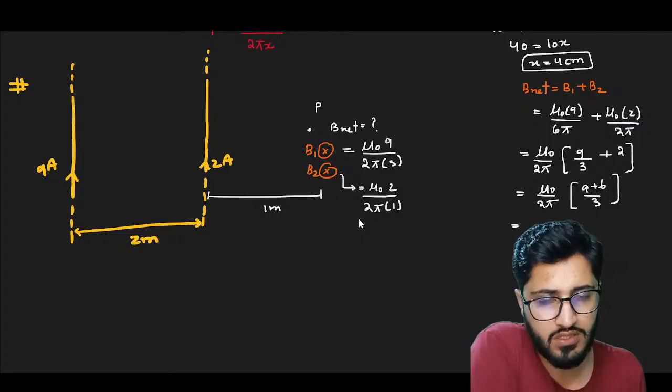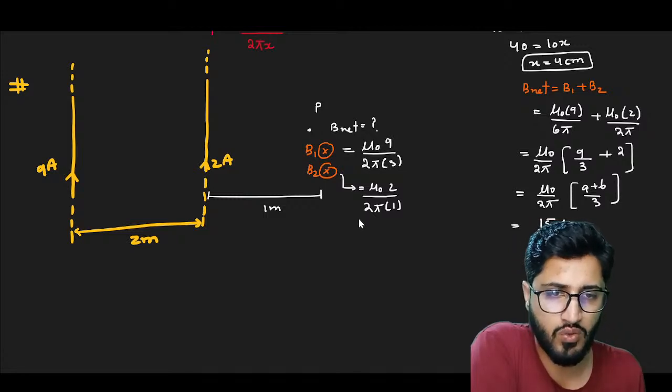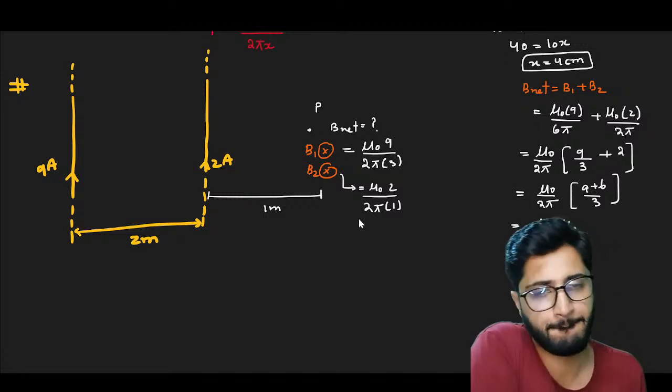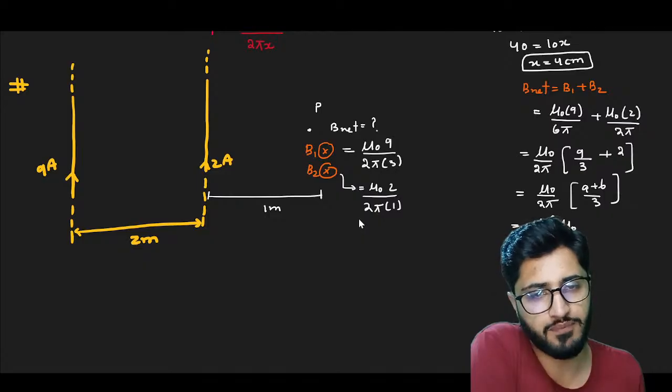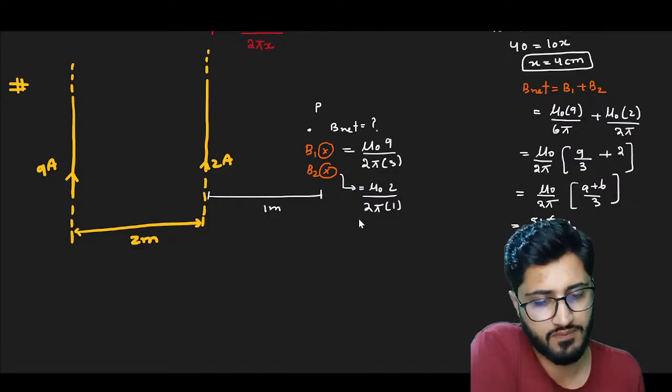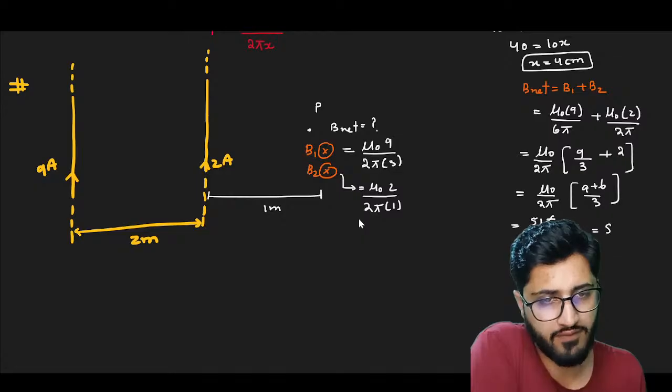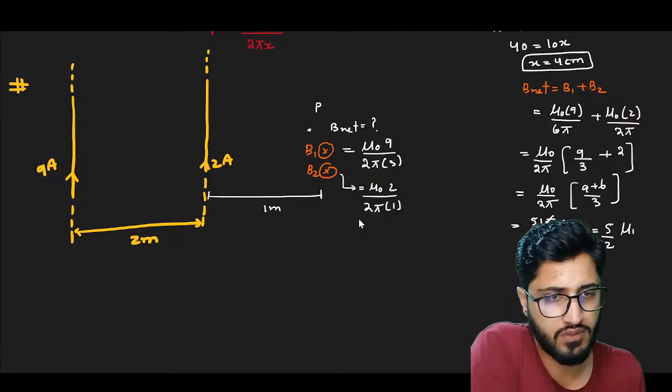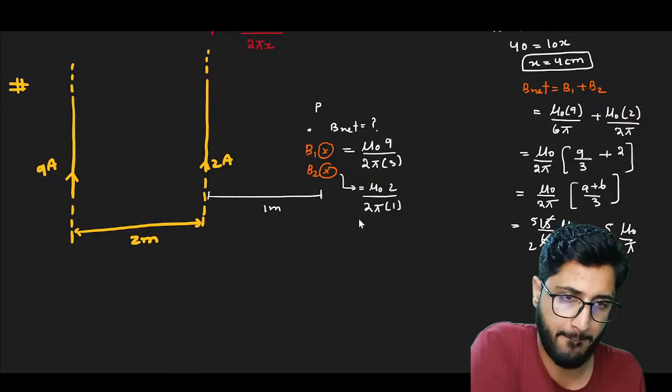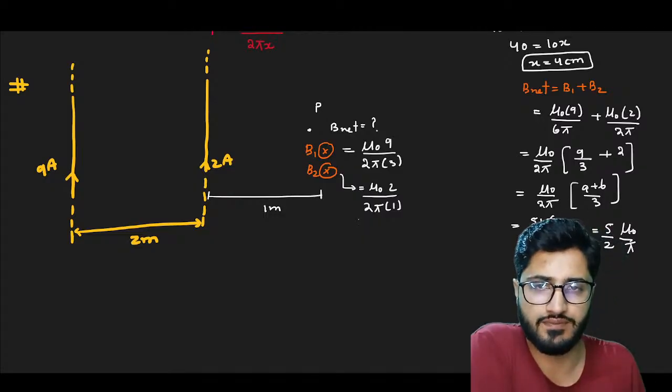So it would be 15 divided by 6 mu naught by pi. 3 to the 6, 3 5 the 15. I will write 5 by 2 mu naught by pi. So this is your answer.